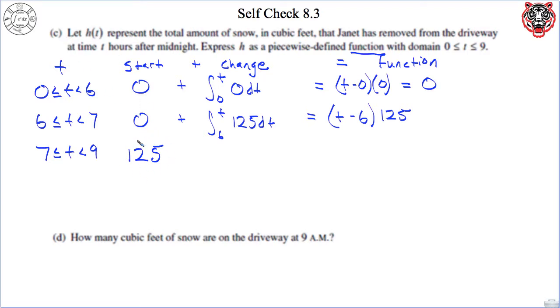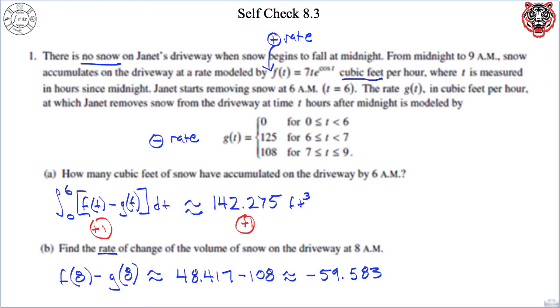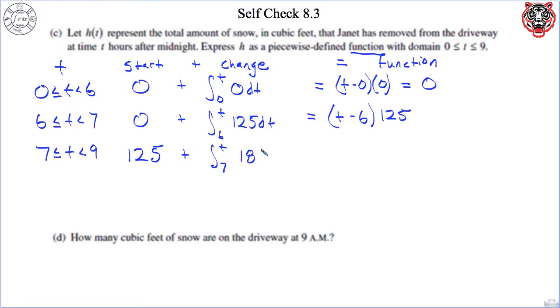So noting that the initial condition for this one was 125, the integral from 7 to t of, and what is our function now? It's 108 dt, and that is going to be 125 plus t minus 7. Wait, I think it's 108 now.